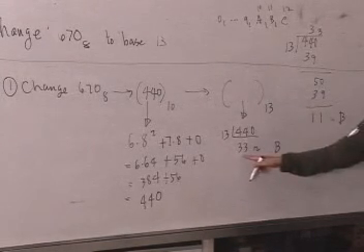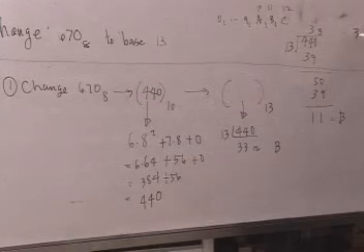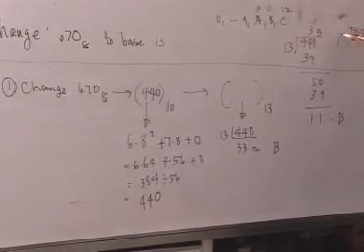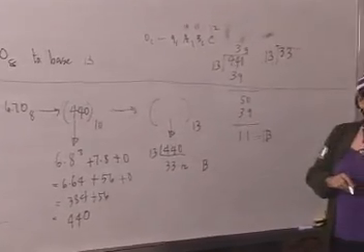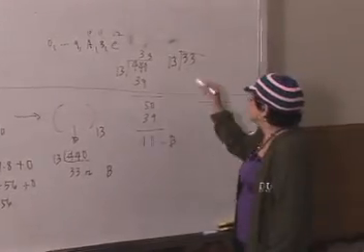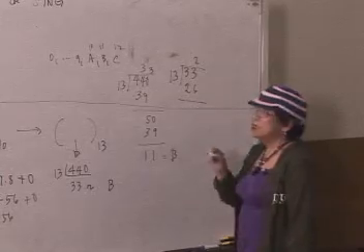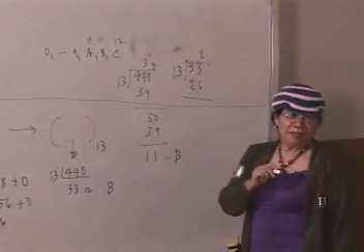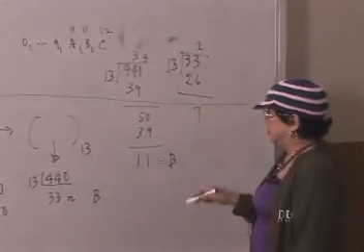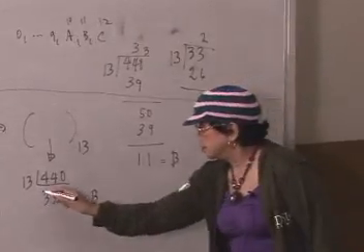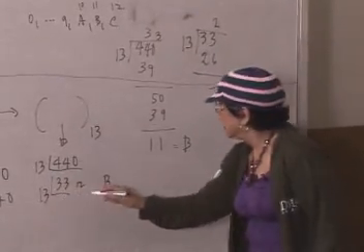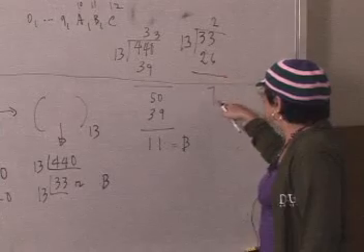Now, 33 is still greater than 13. So, we continue dividing. Divide by 13, 2, 26. Because 13 times 3 is 39. 33 minus 26, 7. 2, remainder 7.